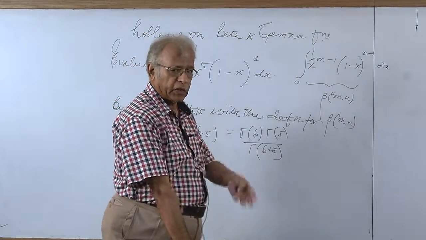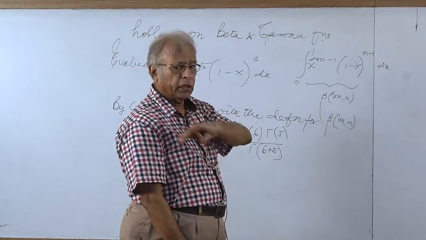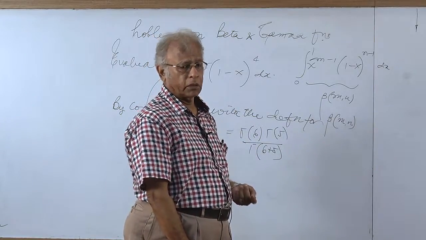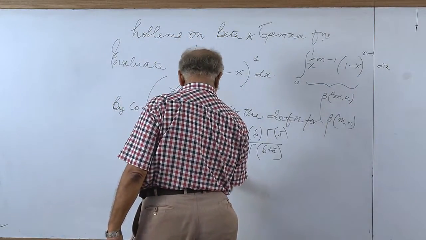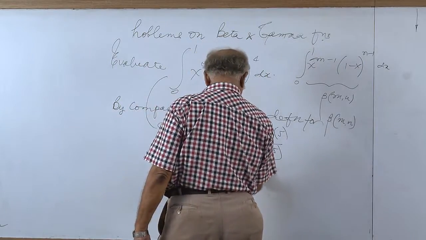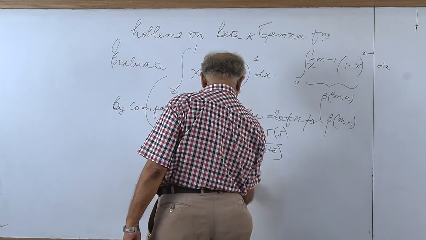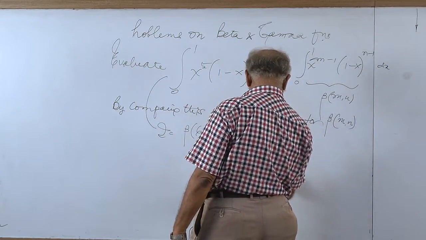So we see that as we encounter these problems, we have to constantly apply the formulas and the results learned so far. Now this gamma 6 is factorial 5, gamma 5 is factorial 4, and gamma 11 is factorial 10. We will continue the evaluation.